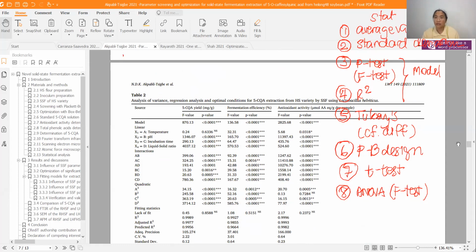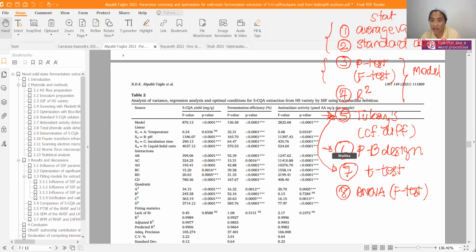Those are for general representation. This one is for modeling. That one is for comparing the differences, and it could be incorporated with a t-test for comparing the differences.